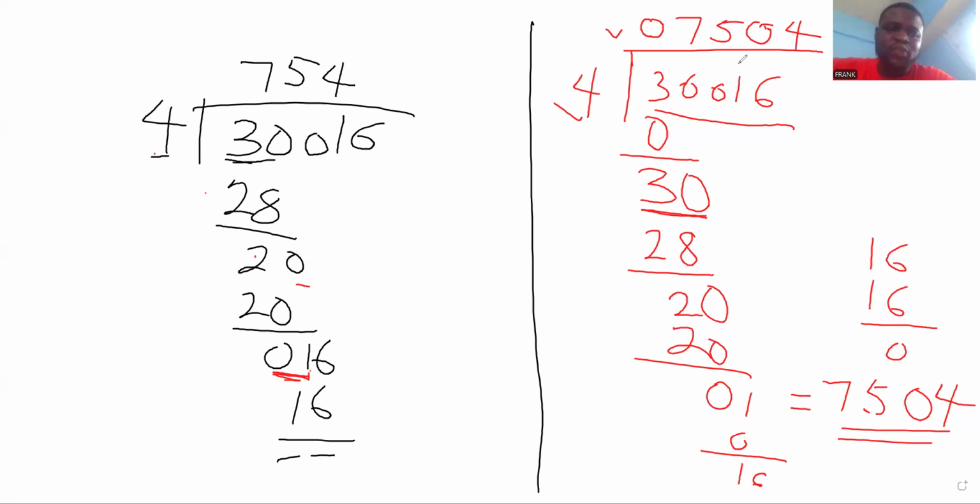So let's try that to see which of the two answers is right, even though we know the second one is right. So 754 times 4: 4 times 4, 16, 4 times 5, 20, plus 1, 21, 4 times 7, 28 plus 2, 30.